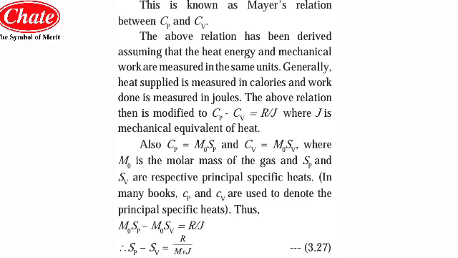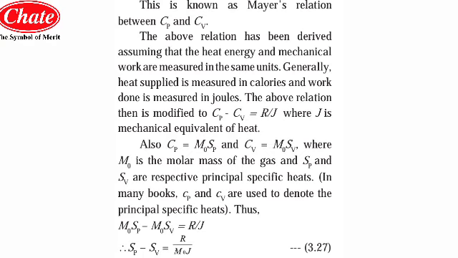Generally heat supplied is measured in calories and work done is measured in joules, so the above relation is modified: Cp minus Cv is equal to R upon J, where J is the mechanical equivalent of heat.